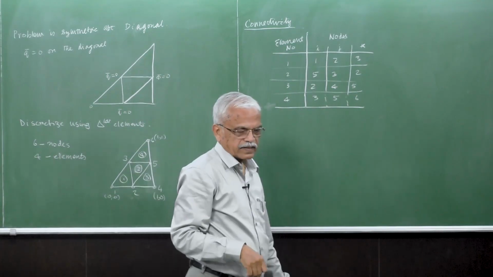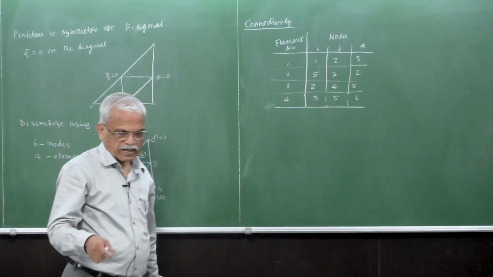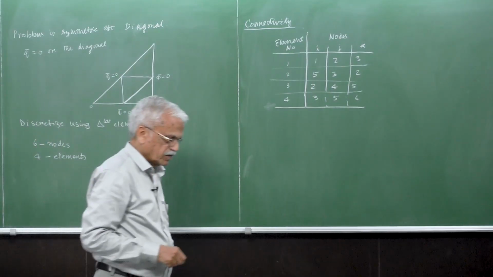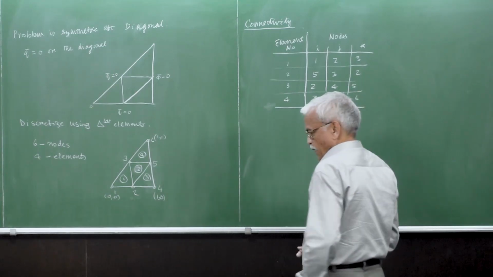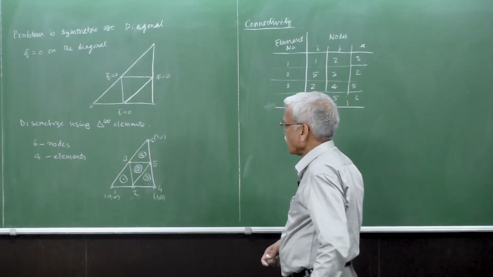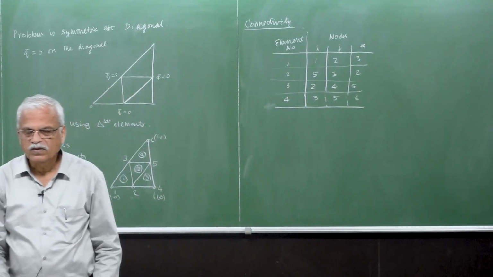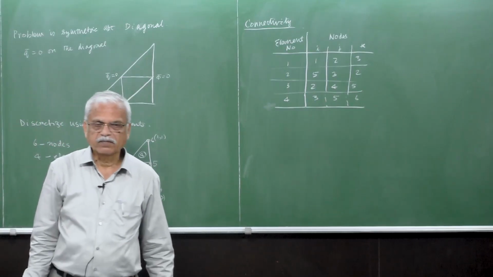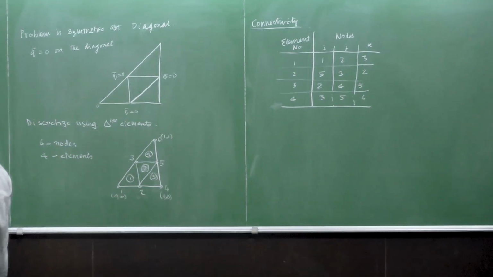I know that it's from the reverse side, but I know that its difference matrix will be same. So that's why I took it that way. All right. So now what we need is the finding out of the elemental matrices and then assembly. Okay. So we go by element.